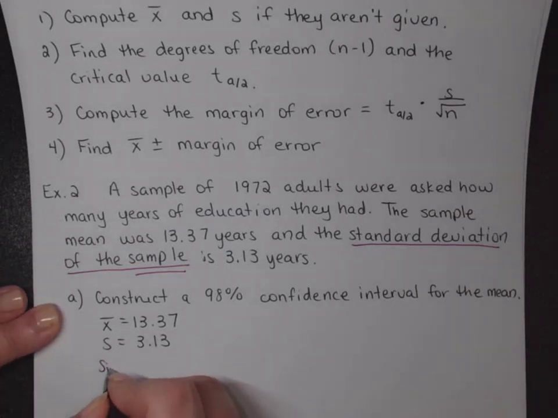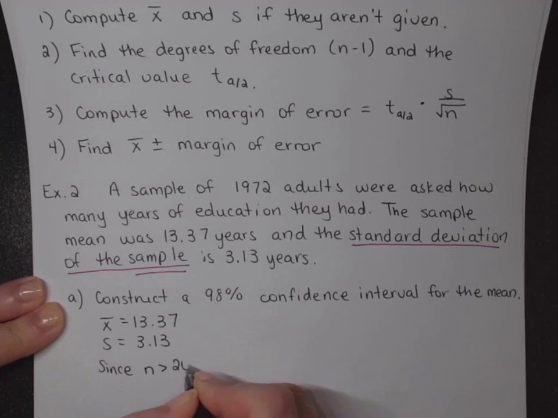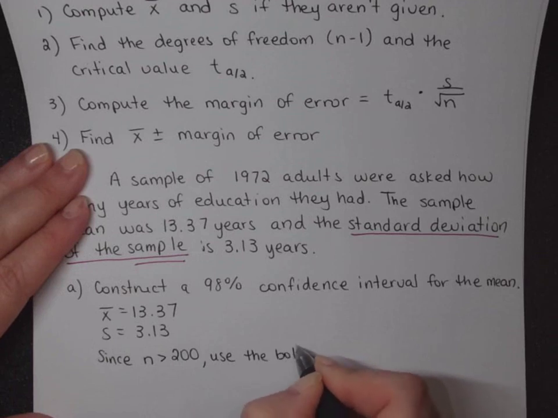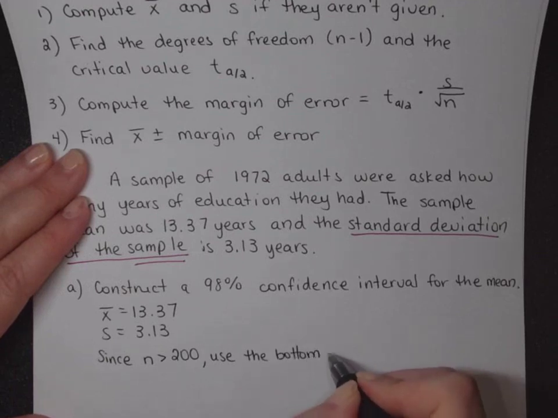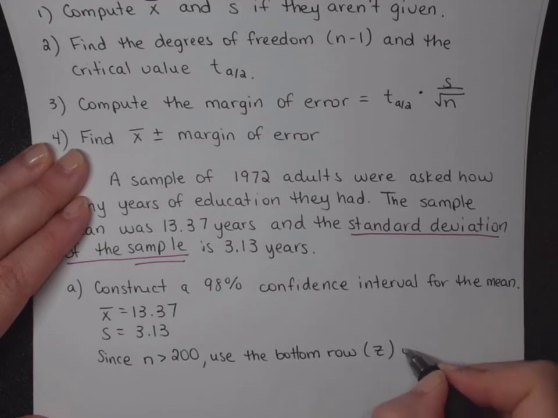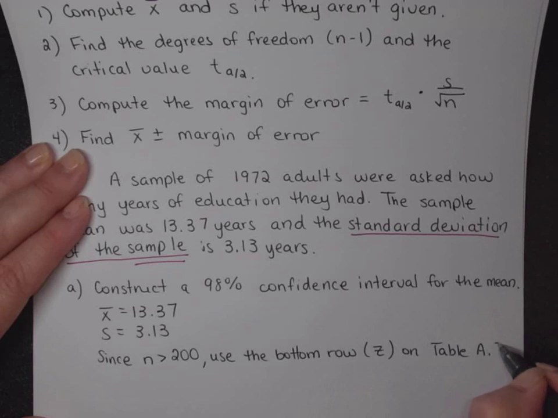So let's go ahead and write that out. Since n is greater than 200, just use the bottom row. In other words, the z row on table A.3.